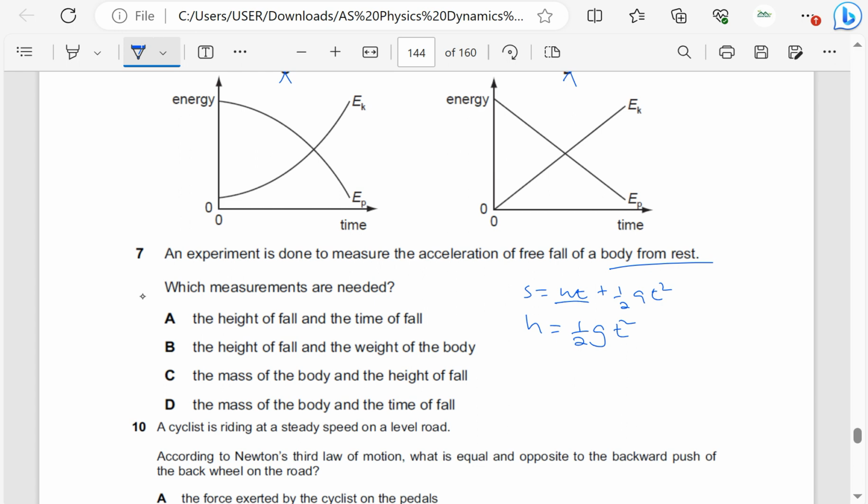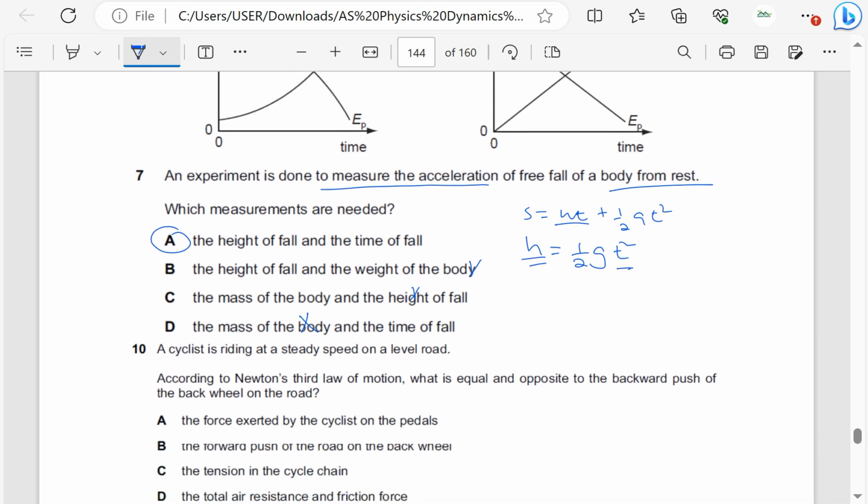We want to measure the acceleration of free fall g, so we need the height and the time. The height of fall and the time of fall, I think the answer is A. The height of the fall and the mass, we don't need the mass. The acceleration does not depend on the mass, it depends on the height and t.